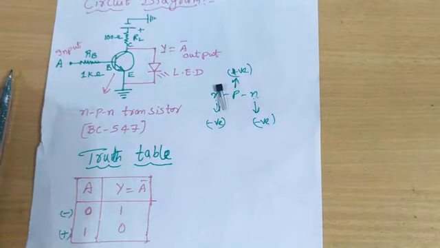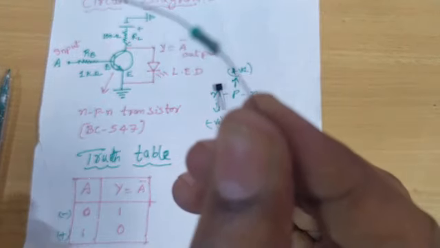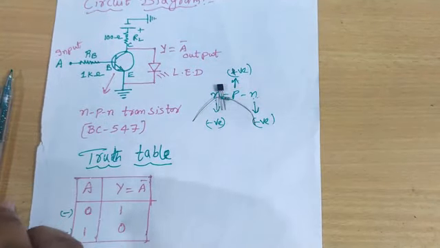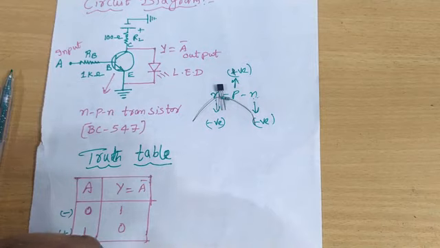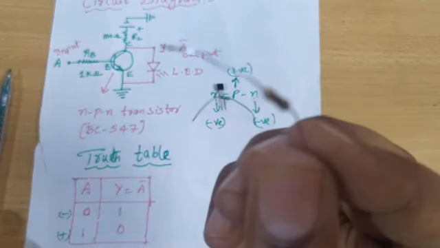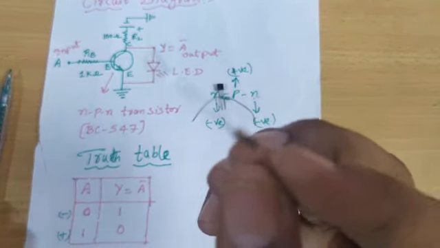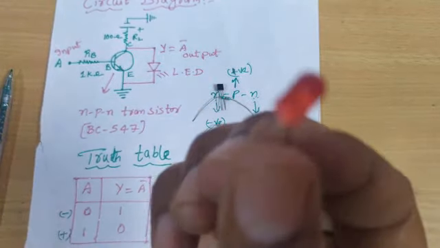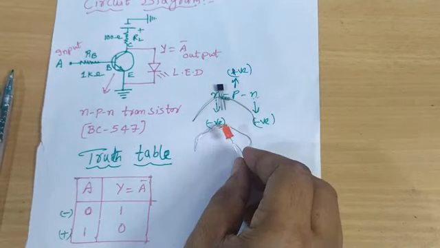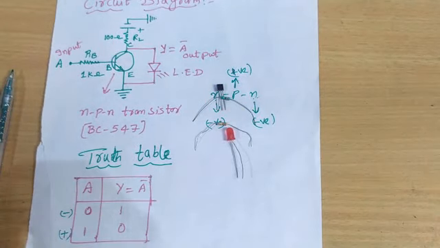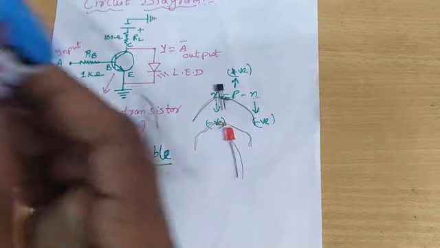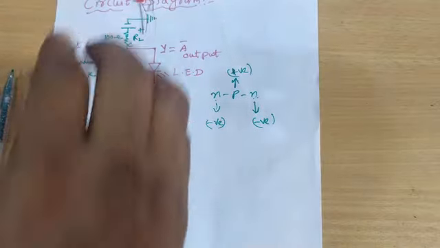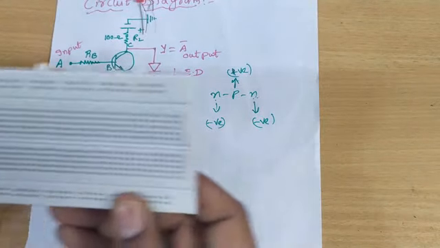Next, a 1K resistor connected to the base. Next, the load resistance connected to the collector, and a light emitting diode. Next, a 9 volt battery. Finally, to make all these connections, we need one breadboard.